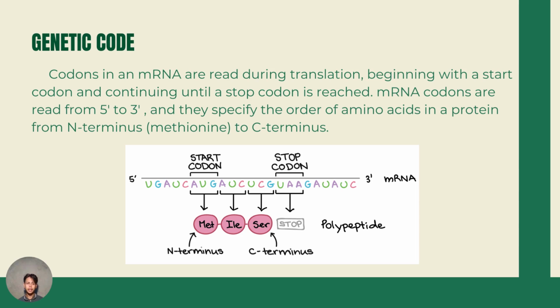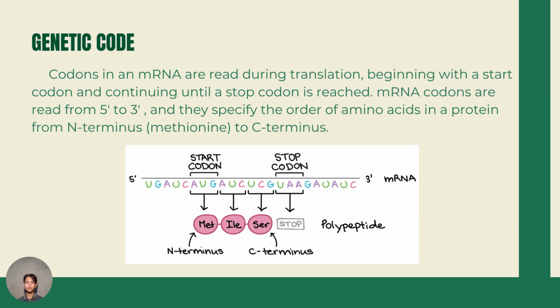Codons in mRNA are read during translation, beginning with the start codon, the AUG, and continuing until a stop codon is reached. So nag-i-stop lang siya kapag na-reach na yung kung alin man dun sa tatlong stop codon.